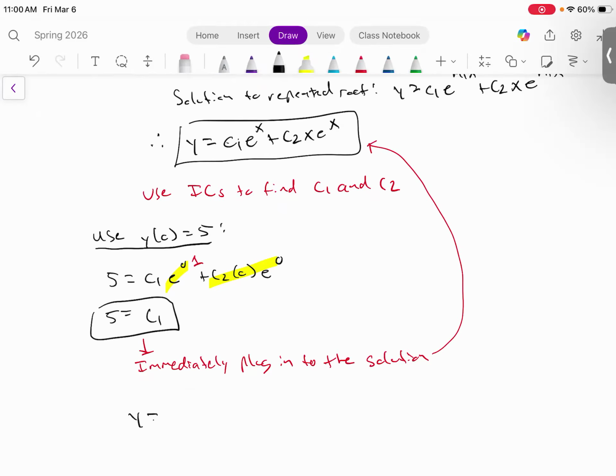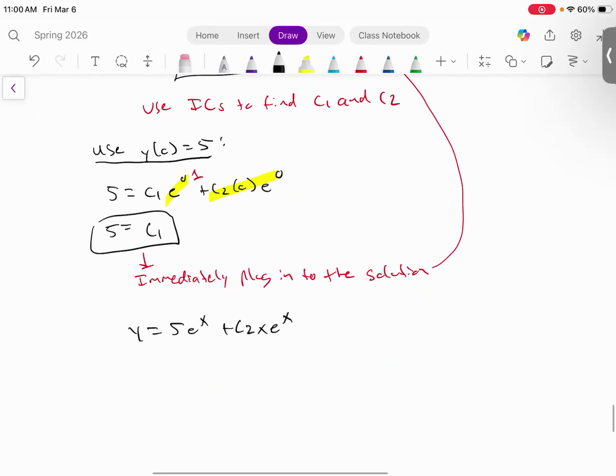So what I would have is y equals 5 e to the x plus c2 x e to the x. So now I have my new solution to work with.